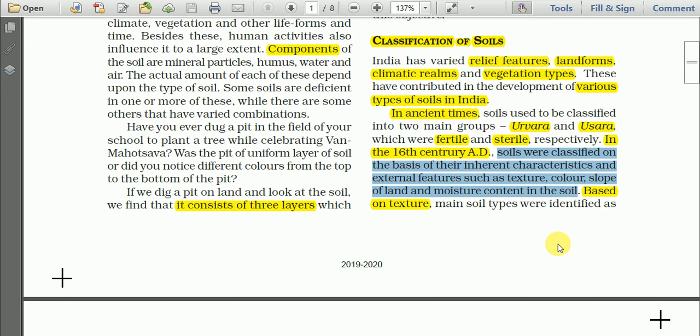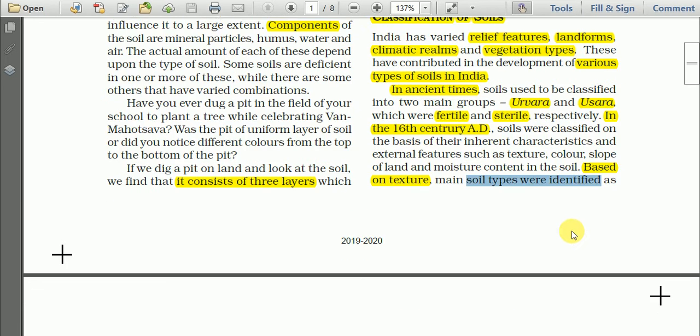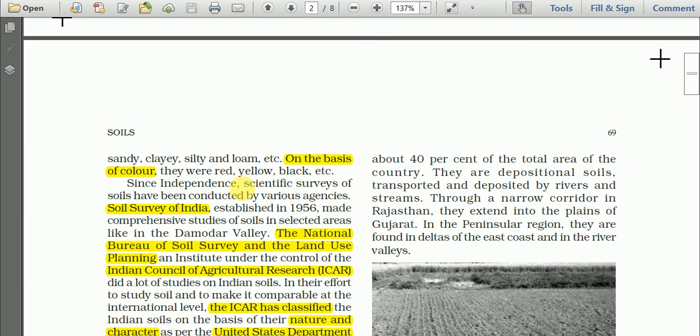So based on texture, the main types of soils are sandy, clayey, silty, and loam.